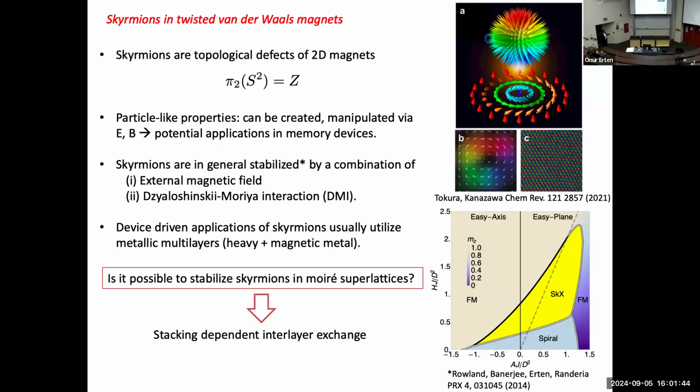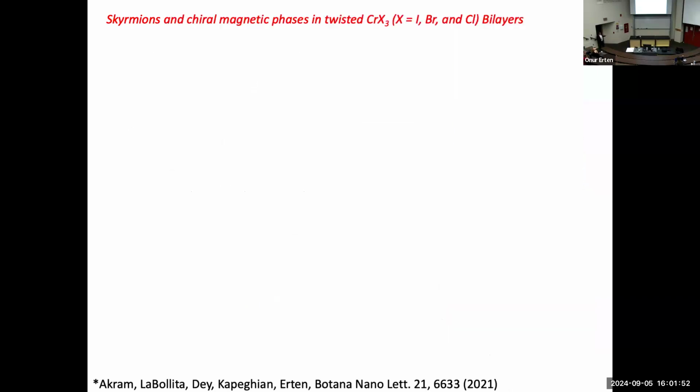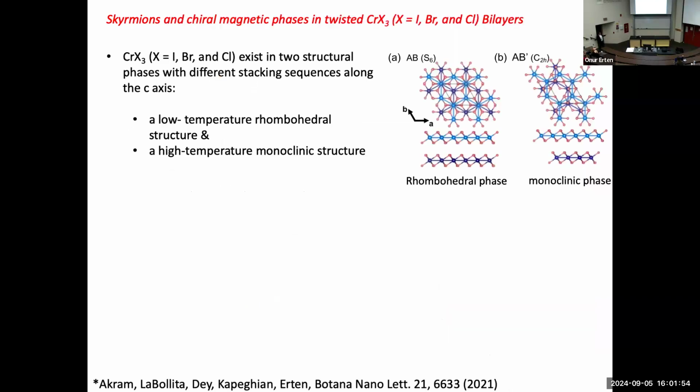And here the key aspect is the stacking-dependent interlayer exchange, which I will keep repeating. We are interested in this class of materials called chromium trihalides, where the X can be iodine, bromine, or chlorine. These materials in the bulk exist in two different stackings: a low-temperature rhombohedral stacking phase and a high-temperature monoclinic phase.